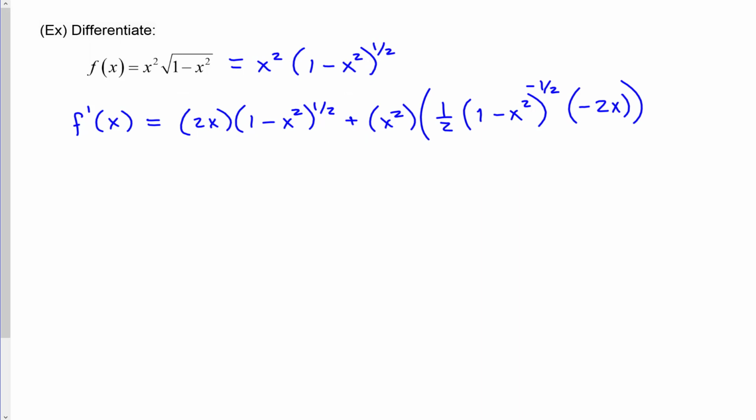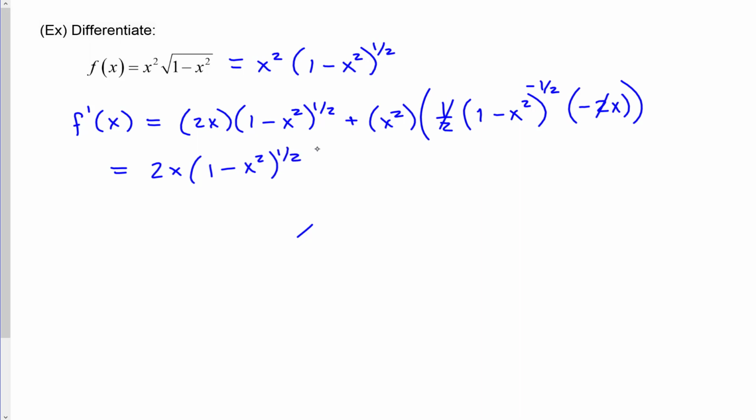Now, to simplify this, what we would need to do is maybe begin with some simpler things. Like, for instance, the multiplier of 2 and 1/2 would cancel each other out. That's no problem. I'll leave this as 2x square root of 1 minus x squared.